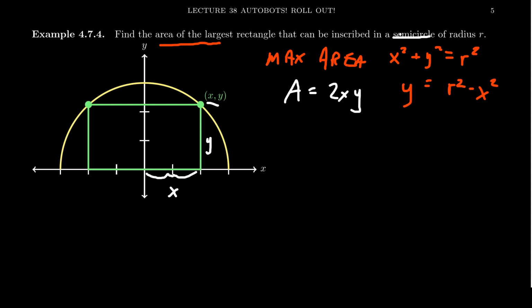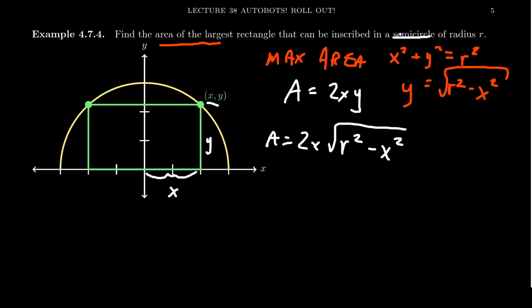And so then your optimizing equation would look like A equals 2x times the square root of r squared minus x squared. And so we could take the derivative of that thing, but that thing's going to look ugly. I mean, with the product rule, which is going to be necessary, and then the chain rule inside the square root, that's not the most ideal way of optimizing this one.